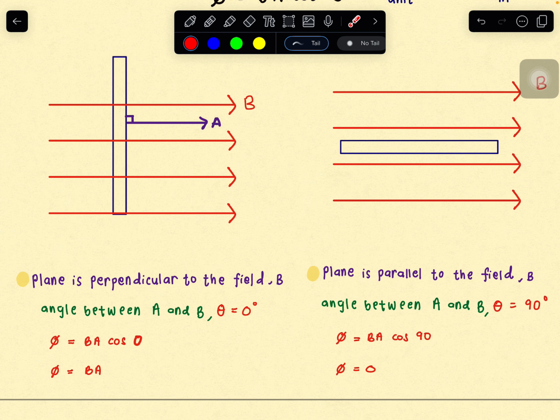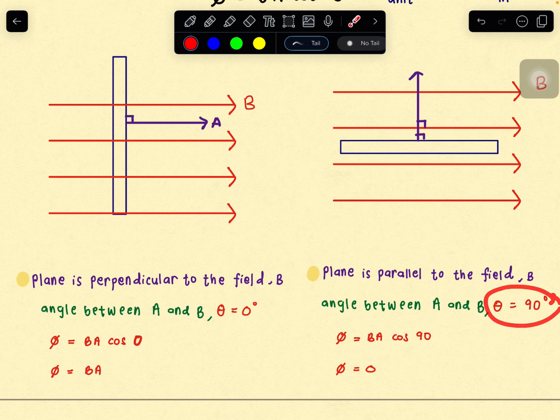Okay, next one, if I place the plane ataupun the conductor parallel to the field. Nah, kita letak dia macam ni. And we know that the area of the plane is always perpendicular to the plane. So from here, as you can see, the magnetic field and the area is also perpendicular.